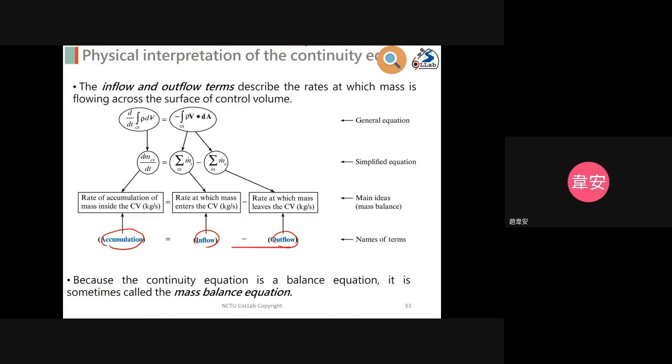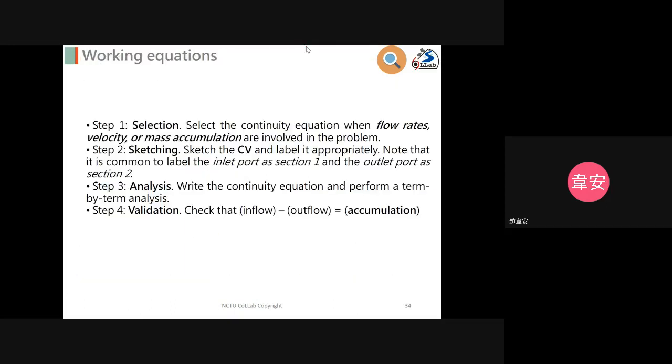Okay, so what is the basic idea? First we need to take a look. The most difficult thing is how you define where your control volume is. Since you need to determine the control volume, you need to depict the control surface first.